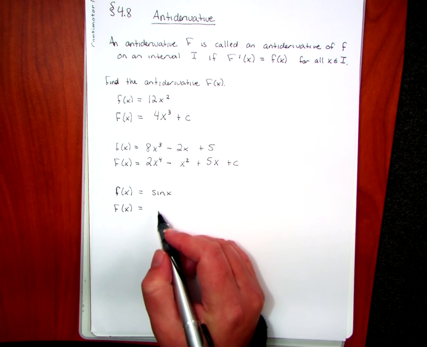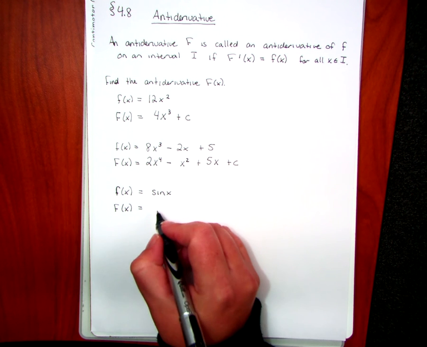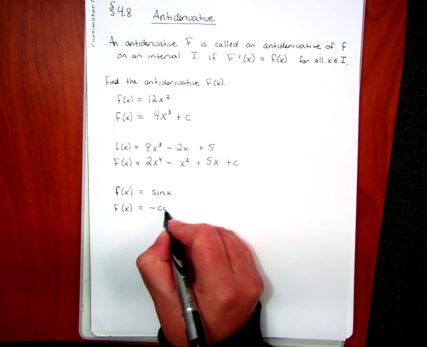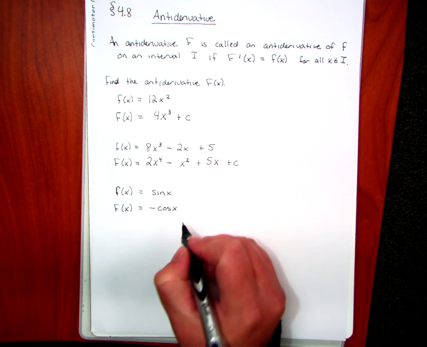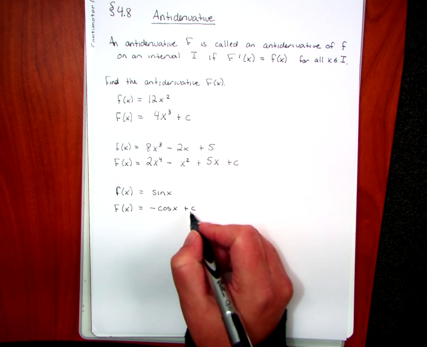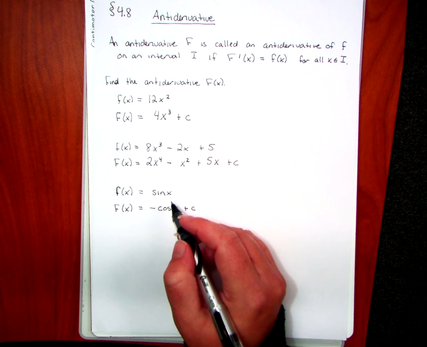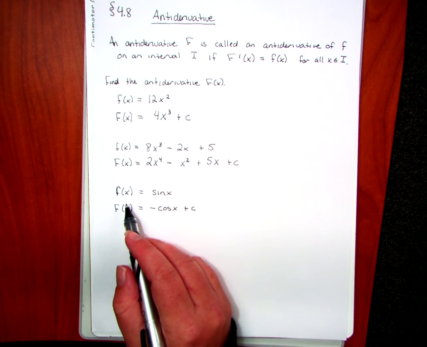The derivative of cosine is negative sine. So if I put negative cosine here, the derivative of negative cosine is sine. And as always, add a constant, because when we differentiate a constant it goes to 0. So if I were to find capital F prime, I would get little f.